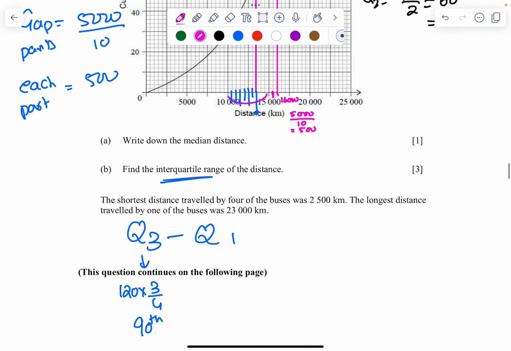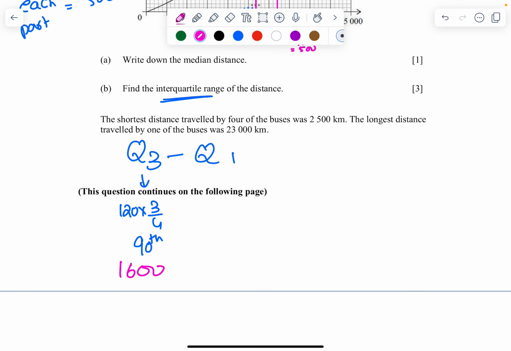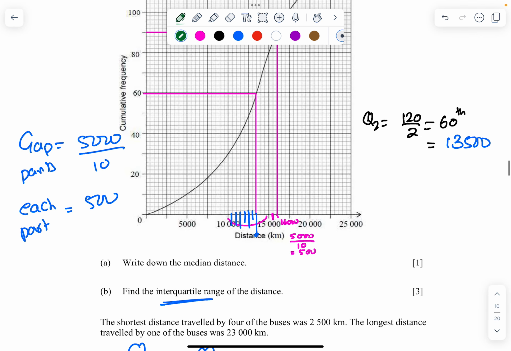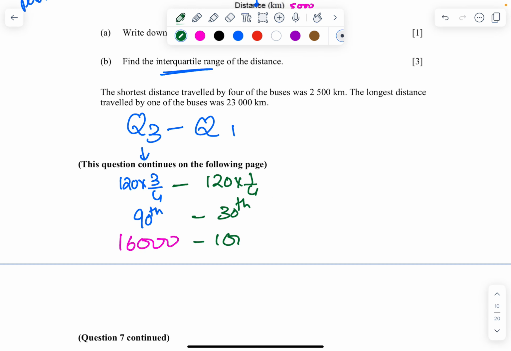So 16,000 is going to be the answer. Next, minus Q1. Q1 is 1 upon 4, which is nothing but what? 30th observation. So from 30, draw the line, hit the graph and drop it down. So it is directly 10,000. So 16,000 minus 10,000. IQR means interquartile range, which is going to be 6,000.